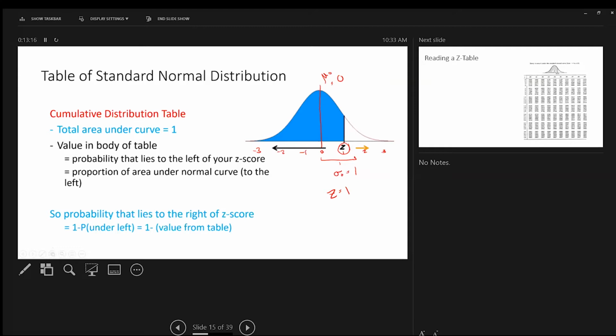And that number, that probability, represents the probability that this value or a value less than that will occur. The probability that lies to the right, this white area over here, is found by doing 1 minus p for the area to the left. 1 minus the probability to the left.